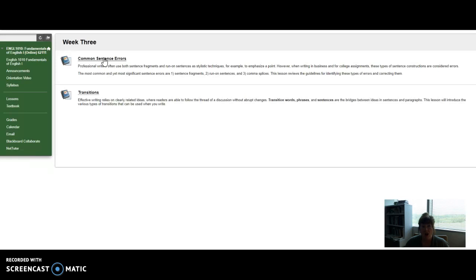Or using a comma, and this is called a comma splice, using a comma where you actually need a stronger piece of punctuation. So if you have a comma, you have to also include and, or, but, nor, so, or for, or you can instead use a semicolon, or you can put a period there, or you can use what we call a subordinating conjunction like because or since or so forth.